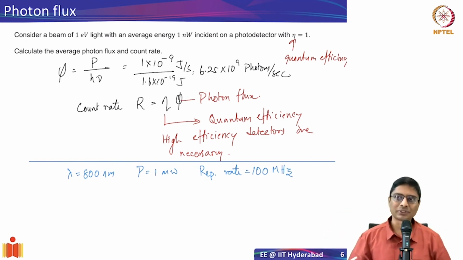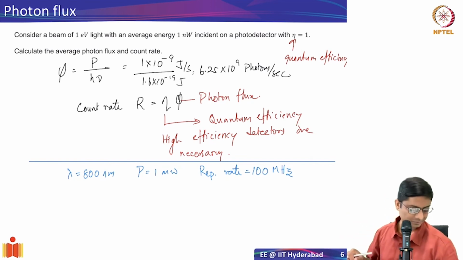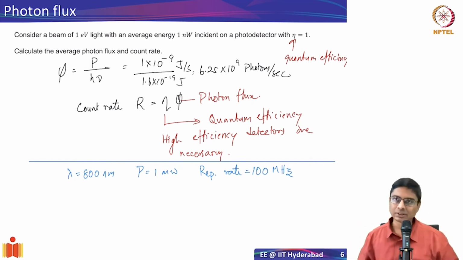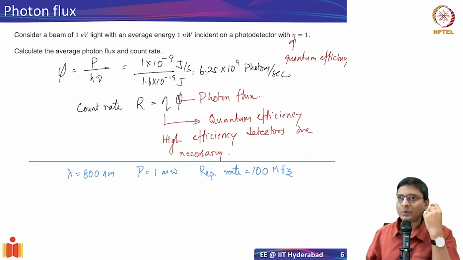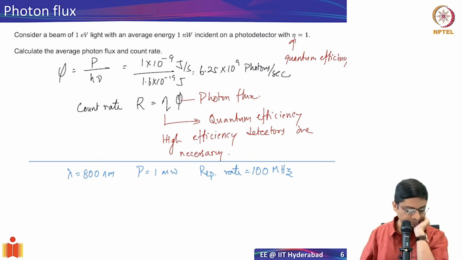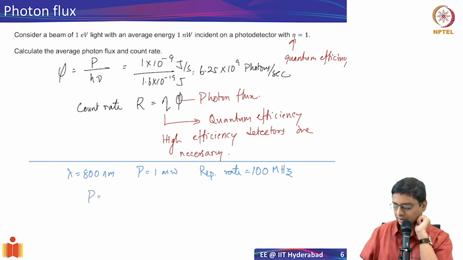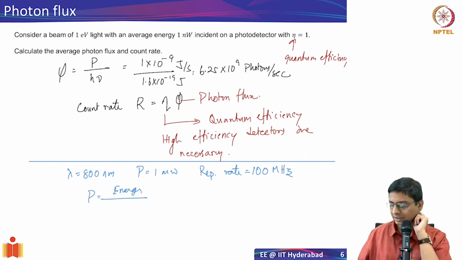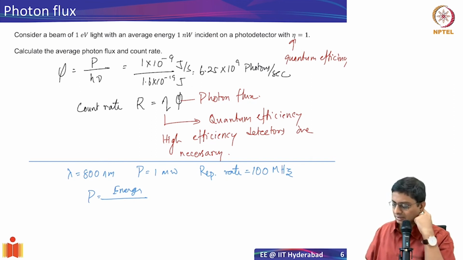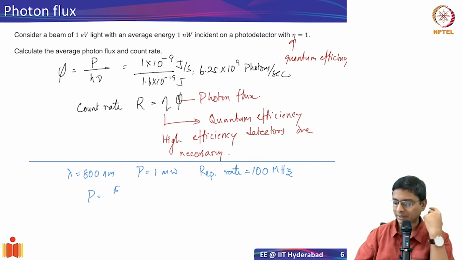So what will be the average number of photons in this case? How do we compute it? Power is energy per unit time. How many pulses are there? 10 power 8. So power is energy times the repetition rate.